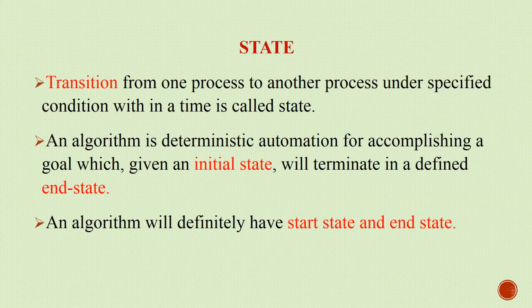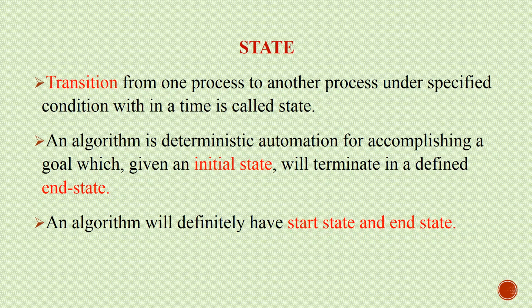So seeing what statements are, let's see what states are. States are nothing but transition from one process to another process under a specified condition within a particular time. An algorithm is deterministic and accomplishes a particular goal given an initial state.